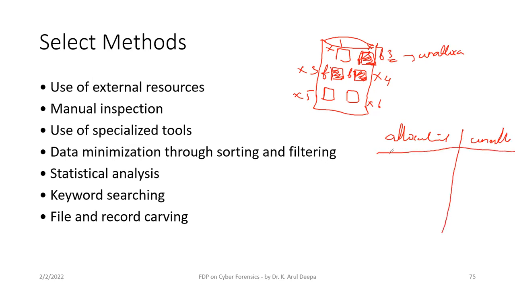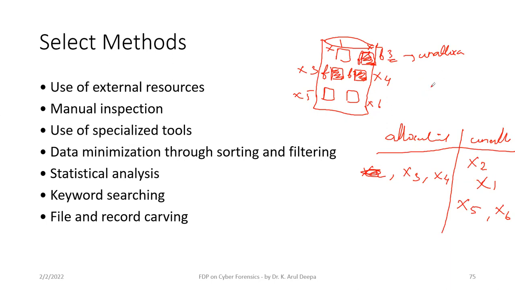In the allocated space, earlier I had X2, X3, and X4. Here I had X1, X5, and X6. I wanted to remove the file F3, which is at X2. So now this space is considered as unallocated space, isn't it?